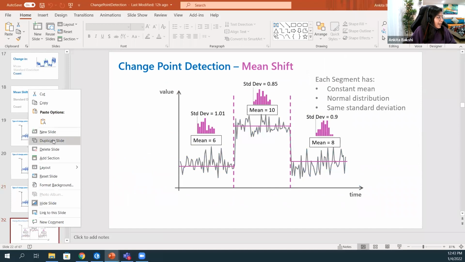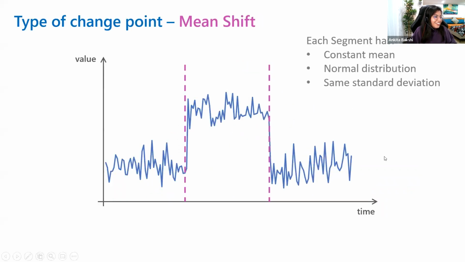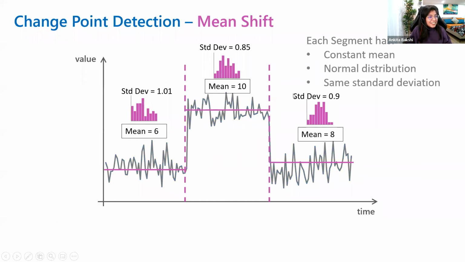Here, let me see. I don't know why I hit this slide because it's very important. So here I can see that in each of my time segments, the mean is constant. The standard deviation is pretty much the same for each segment, equal to or very close to 1. So it's a good assumption.